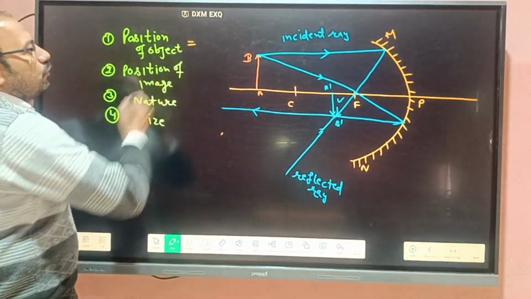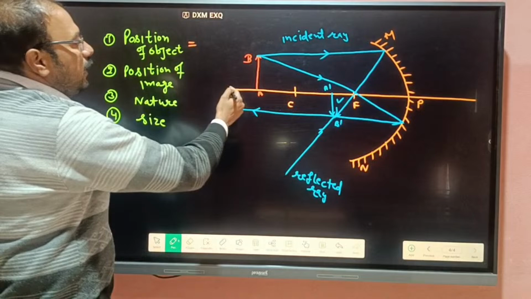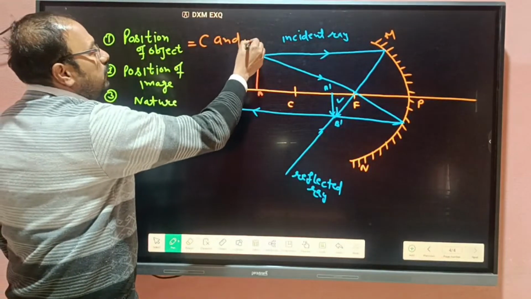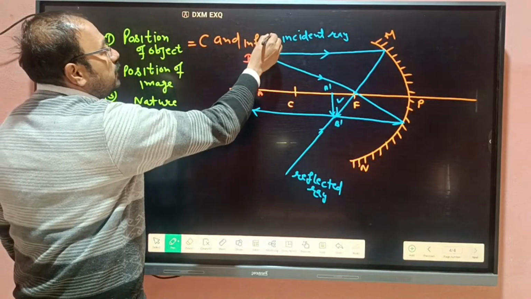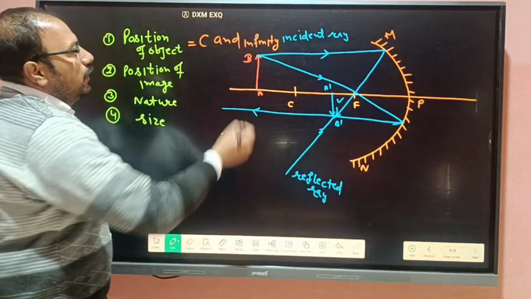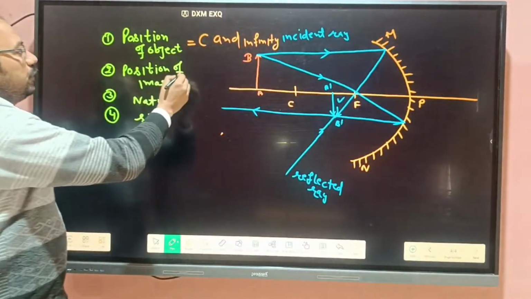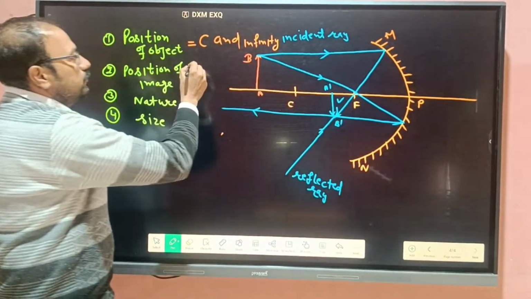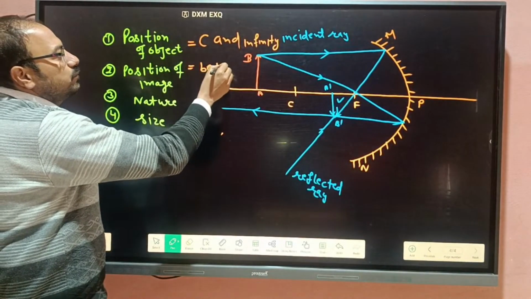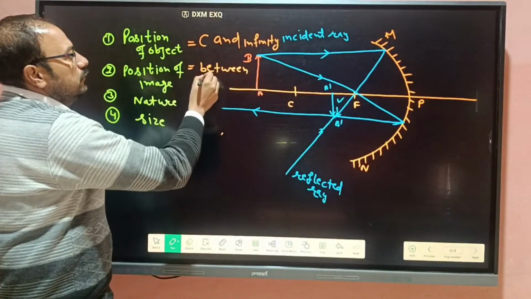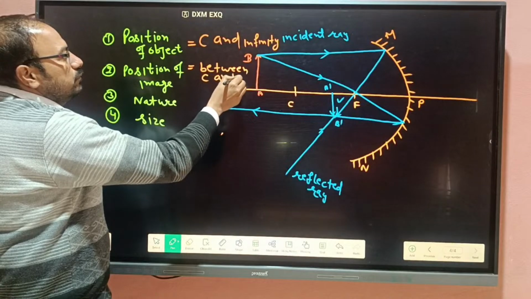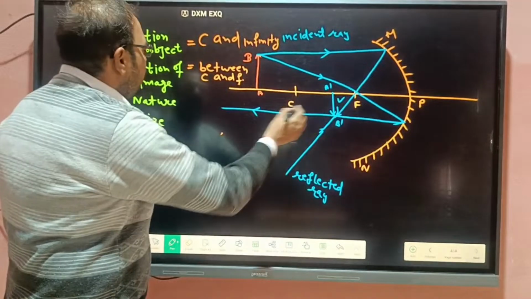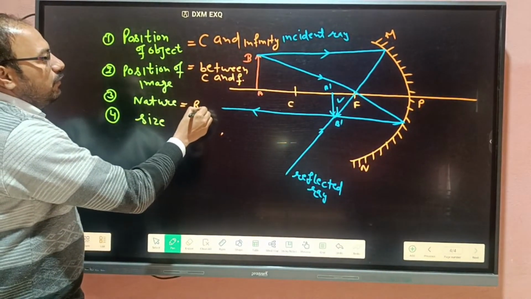the position of the object: we put the object between C and infinity. What is C? Here C is the center of curvature. And second, the position of the image: the image forms between C and F. And what is the nature of the image? The nature is real and inverted.